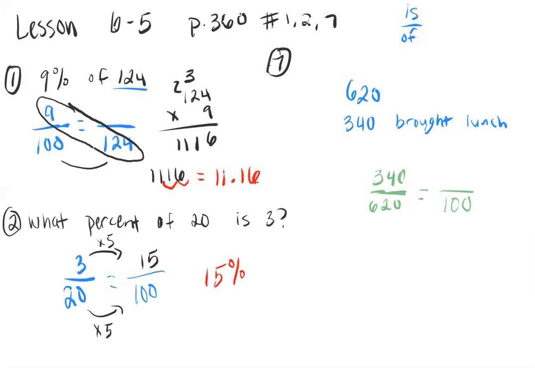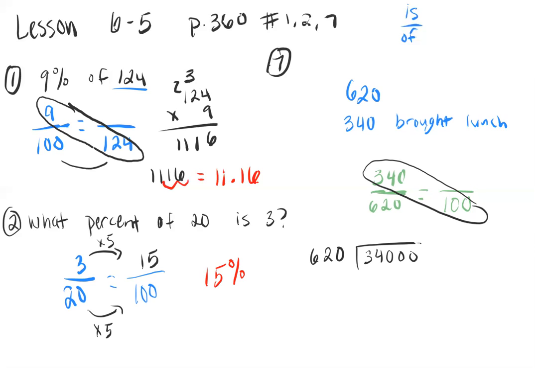Again, we're going to multiply on this diagonal because I can't think of anything to get from 100 to 620. So 340 times 100, just add 2 zeros on the end, gets me 34,000. And we're going to divide that by 620. 620 can't go into 3, can't go into 34, can't go into 340, but can go into 3,400.